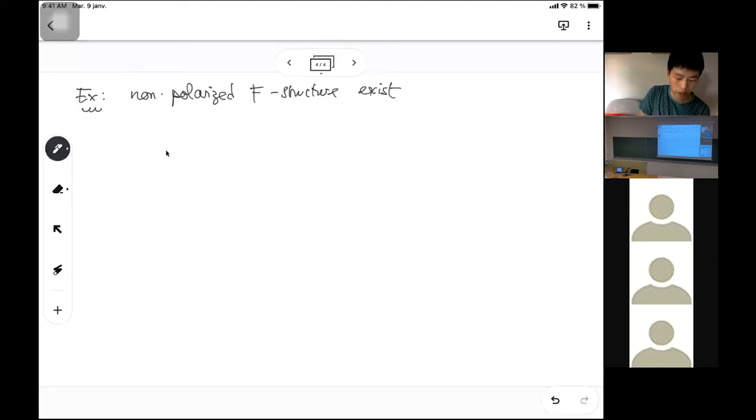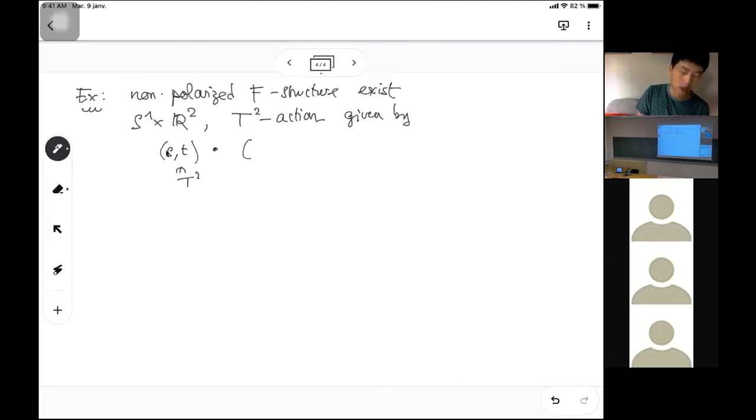There's a lot of them. A trivial example, here it is. If you take S1 cross R2, you have a natural T2 action, which is given by (s, t). So this is in the torus.